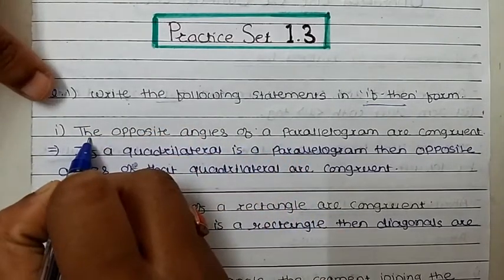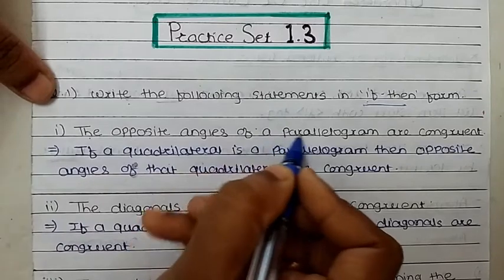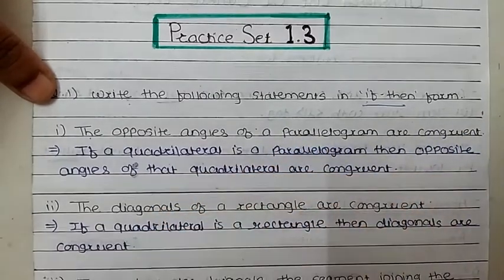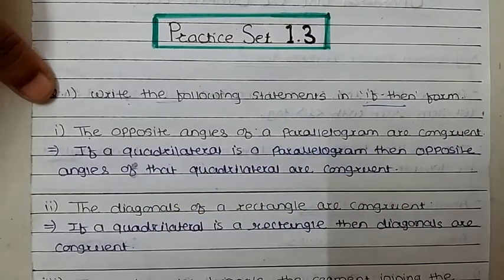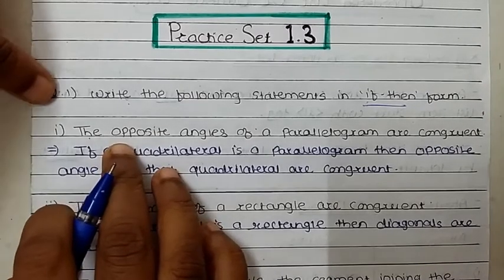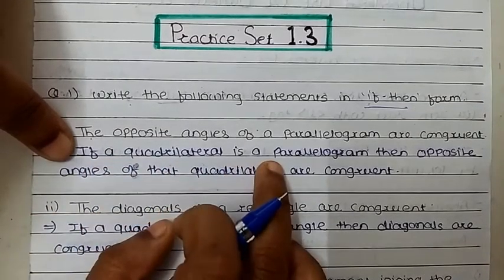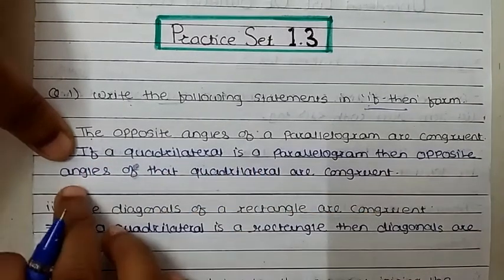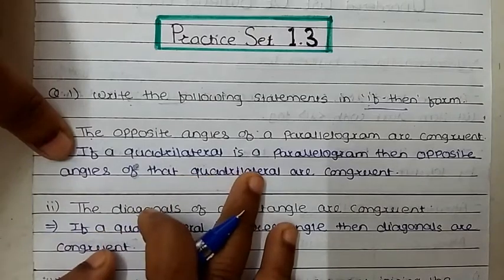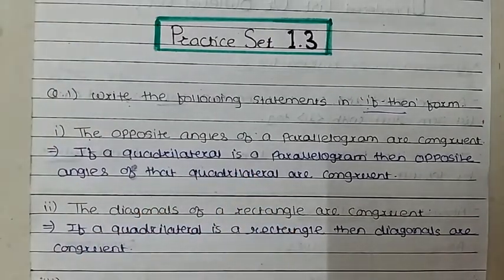The first question is: the opposite angles of a parallelogram are congruent. How to write this in conditional form? If a quadrilateral is a parallelogram, then the opposite angles of that quadrilateral are congruent. A parallelogram or rhombus is a type of quadrilateral.